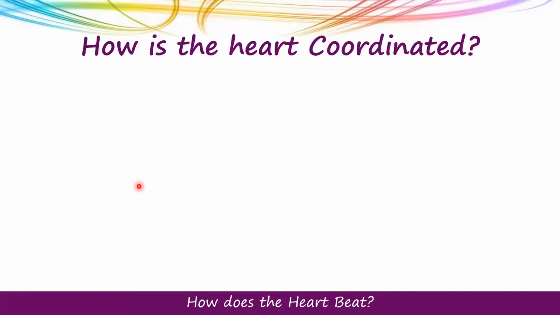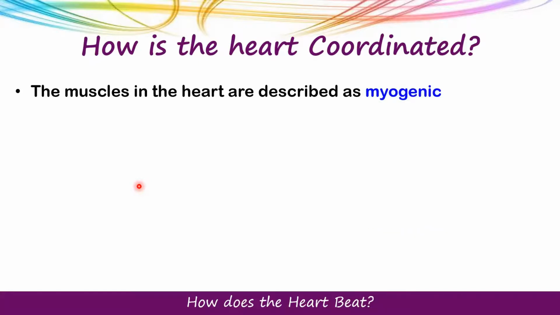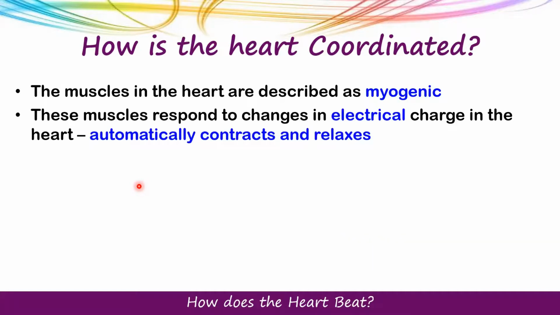Now, coming to how the heart is coordinated. If you remember, initially I used the term that the heart muscle is myogenic. So it has its own contraction and relaxation. It is not under nervous or hormonal influence. We describe the heart as myogenic, and it responds to changes in the electrical charge in the heart.